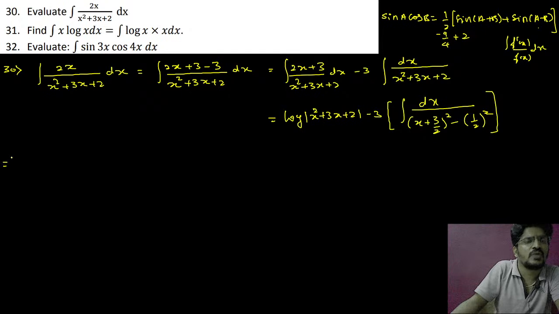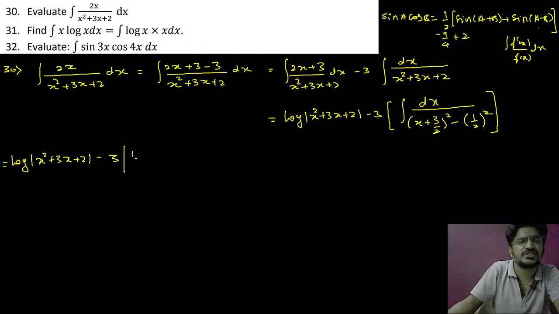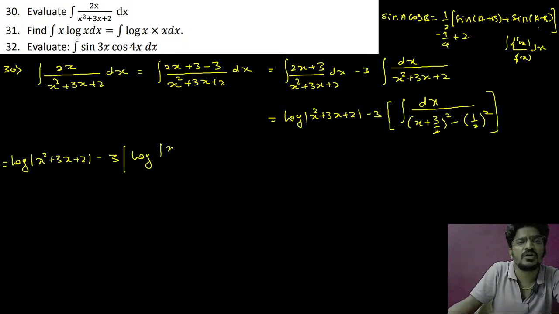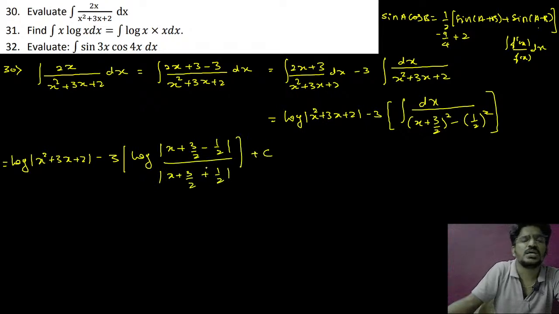Therefore, that will be equal to log of mod of x square plus 3x plus 2 minus 3 times log of x minus a divided by x plus a, that is mod of x plus 3 by 2 minus a divided by mod of x plus 3 by 2 plus a, plus c.